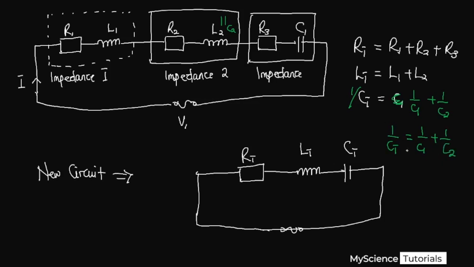This is what we use to find CT. We make CT the subject, and then we use that in the new circuit before we proceed to look at our total impedance.